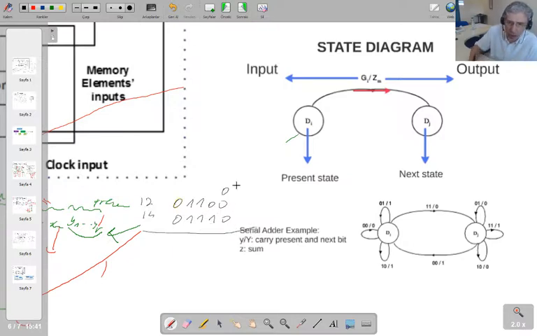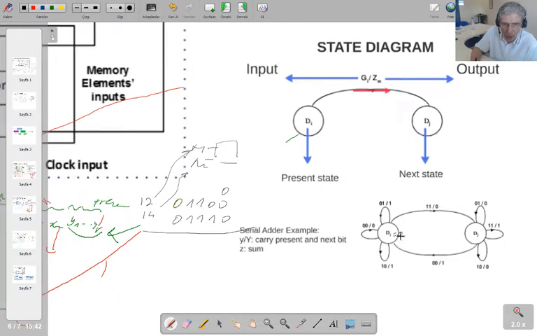So present state is going to be 0 here. Now I am using this state diagram model in order to give you the output of a sequential circuit while the input is 12 and 14 in serial. So it is like that, x1 and x2. x1 is 12, x2 is 14.